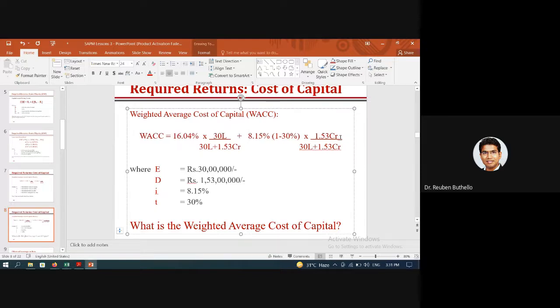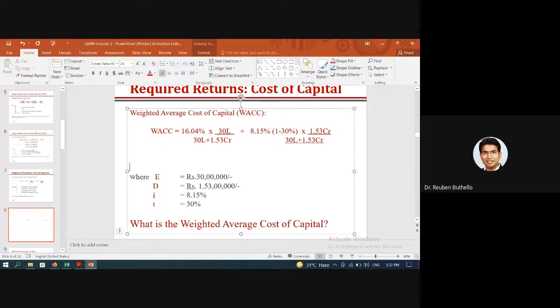So with this, can you see what we have achieved? Can you all calculate this at your end? I will also calculate at my end. So this I can write as 16% into 30 divided by 1.83.